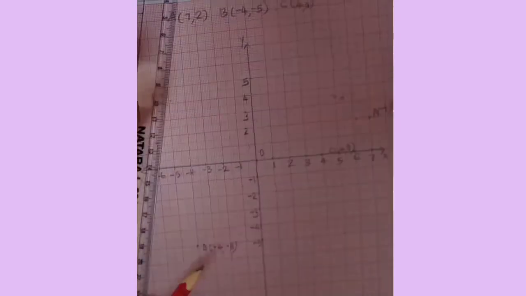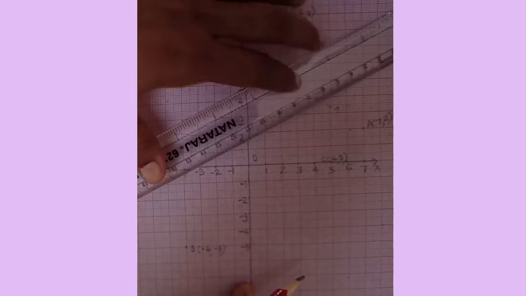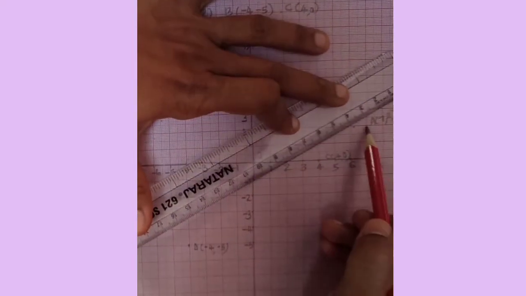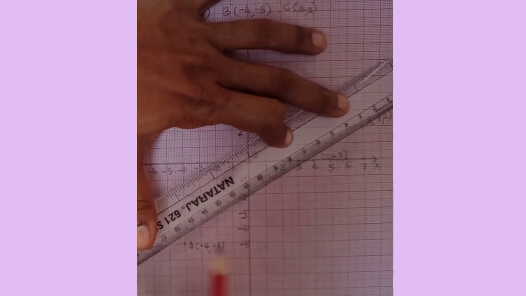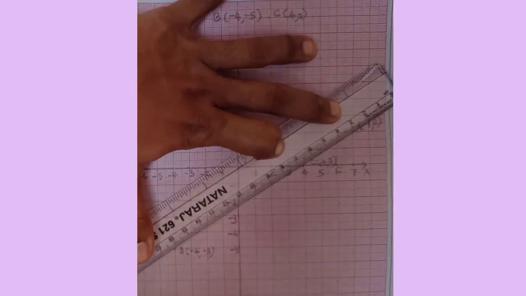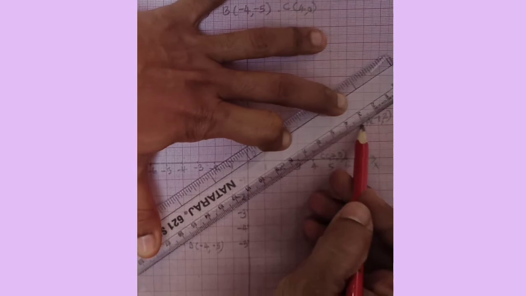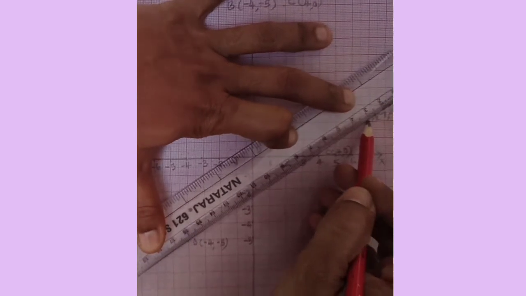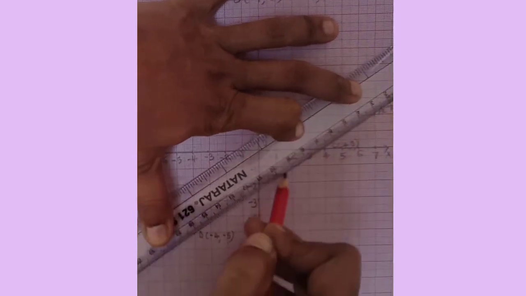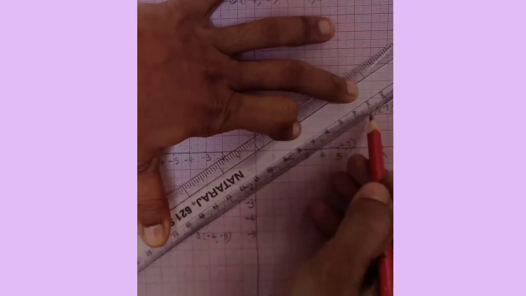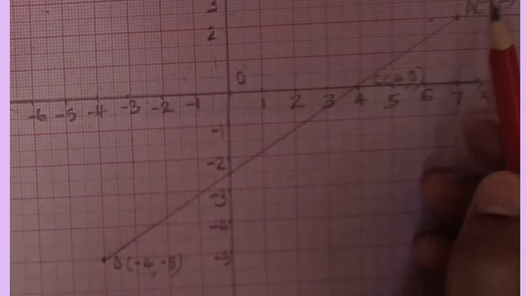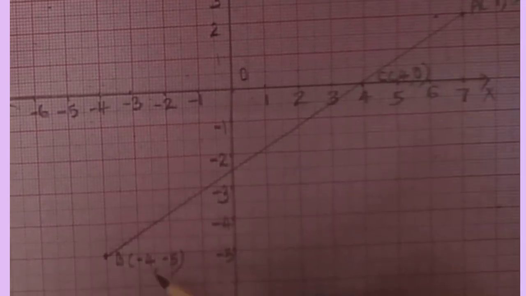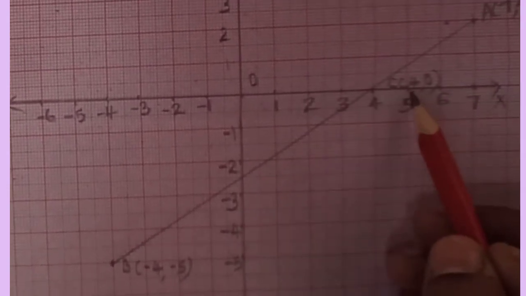So join these points. This is A, this is C and this is B. So the points A (7, 2), B (-4, -5) and C (4, 0) lie on a straight line.